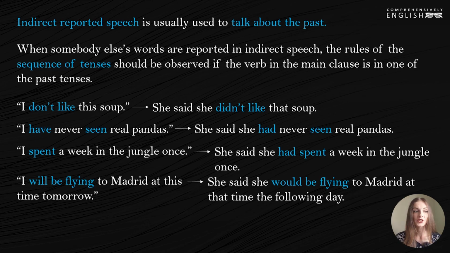Okay? Also, you see that all these reported sentences are introduced with the help of the verb say. She said, right? And that's the most common word that you use to introduce reported speech. You can also use tell, of course, but also you can use other synonyms. Let's see.